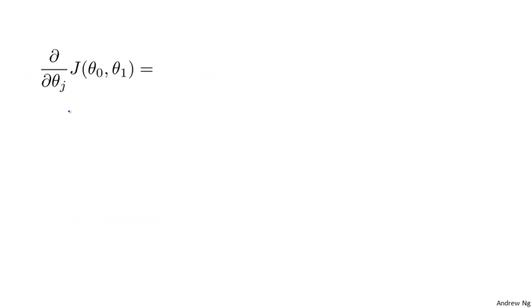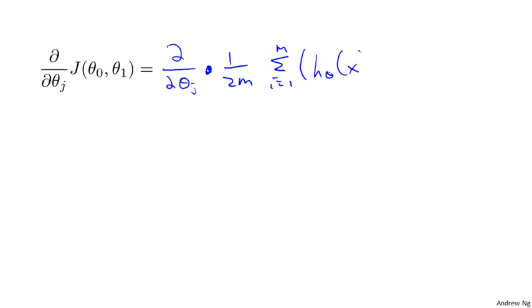So we need to figure out what this partial derivative term is, and plugging in the definition of the cost function J, this turns out to be this, sum from i equals 1 through m of this squared error cost function term. And all I did here was plug in the definition of the cost function there.